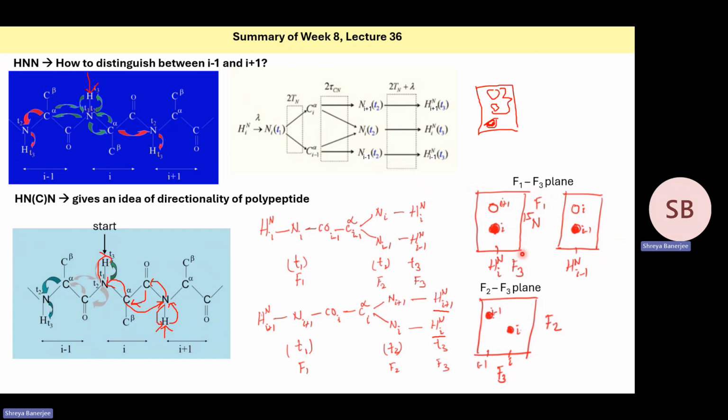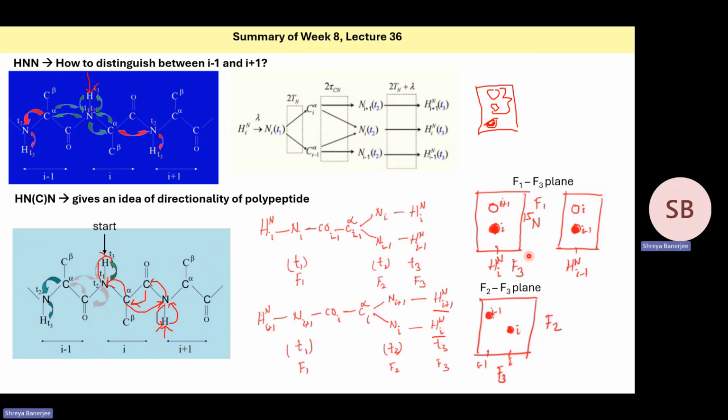So now here some examples are shown. In this experiment, suppose we are taking a plane along the F3 and F1 frequency axis. So you have three frequency axes corresponding to these three time axes T1, T2 and T3. Suppose we are taking a plane at which F2 is fixed. So F2 fixed means F1 and F3 vary.